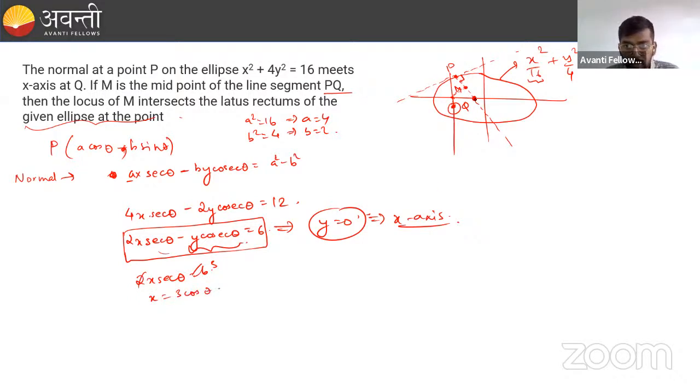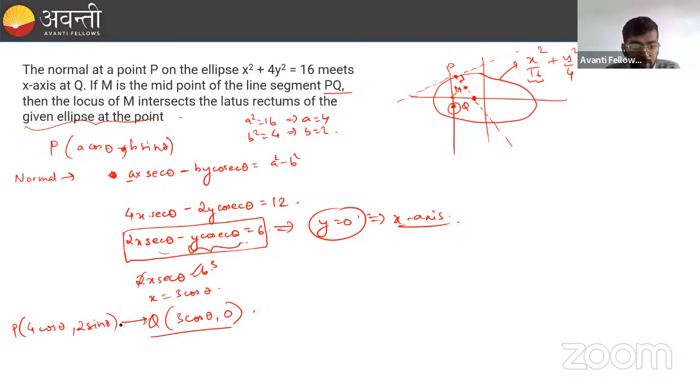So this point Q can be written as (3 cos theta, 0). And P is given by a cos theta, which is 4 cos theta, comma b sin theta, which is 2 sin theta.